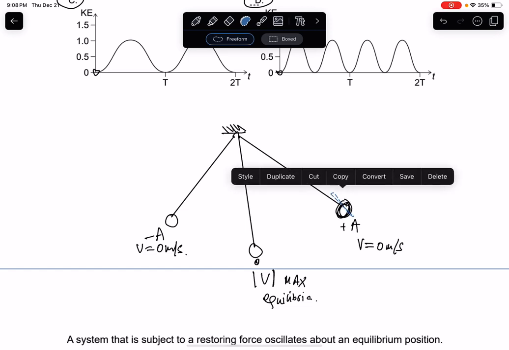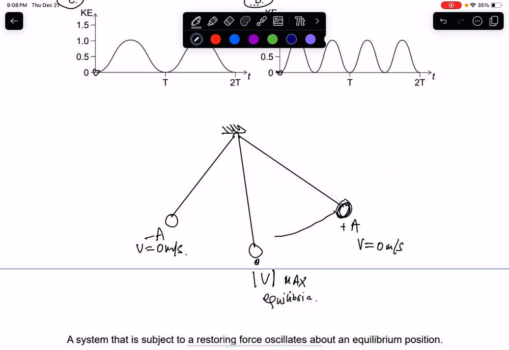If the bob goes from the positive amplitude towards the equilibrium position, the kinetic energy is going to rise because the velocity is increasing. Then from the equilibrium position to the negative amplitude position, the kinetic energy will fall because the velocity is falling. That kinetic energy is getting converted into gravitational potential energy, because the maximum amplitude is at a height h over here.